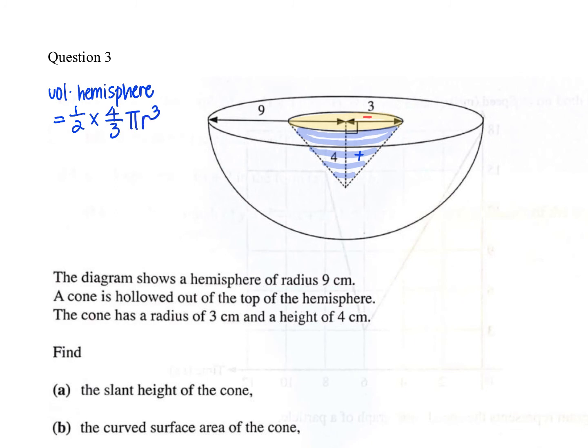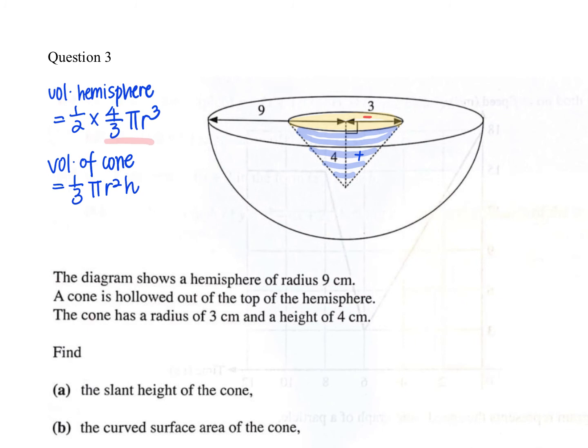And what about volume of cone? Volume of cone is given by 1/3 base area, which is pi r squared, times h. These formulas are given in your formula sheet, so do use them. This one is for the sphere only.